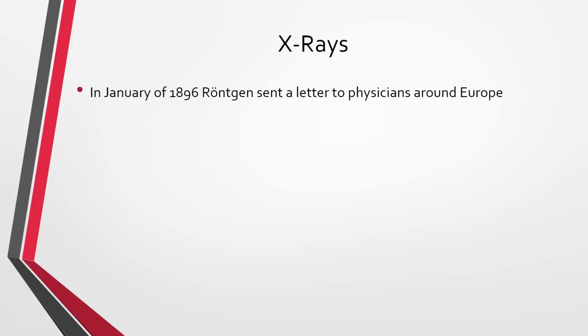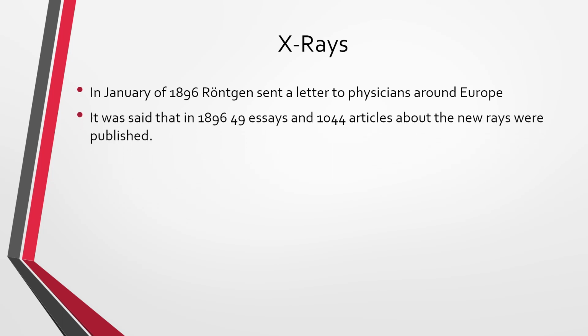So in January of 1896, Röntgen sent a letter to physicists around the world discussing this new type of ray. It was said that in 1896, 49 essays and around 1,044 articles about the new rays were published.